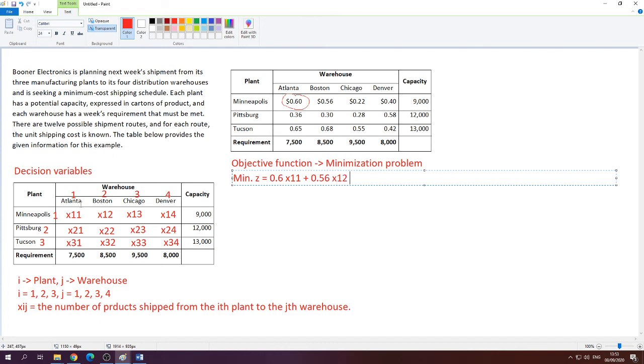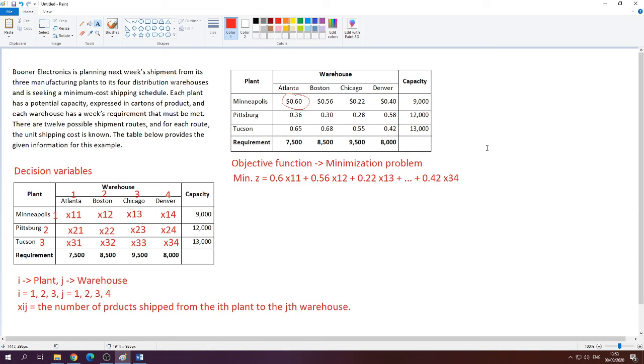This is from Minneapolis to Boston, the decision variable for Minneapolis to Boston, plus 0.22 x13, and dot dot dot means so on and so forth till the end, which is 0.42 x34. This objective function statement should be longer, but I'm making it short by using dots. Okay, that's the objective function.